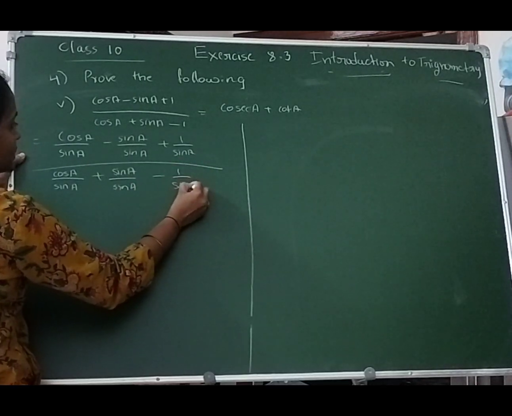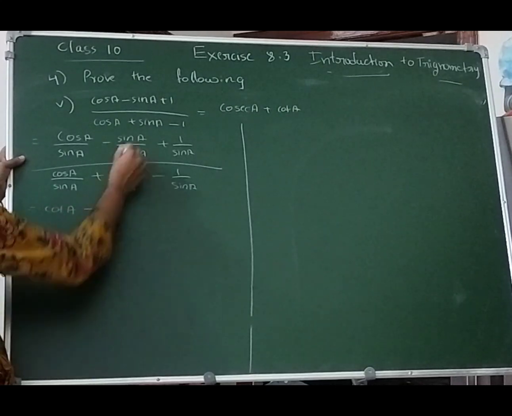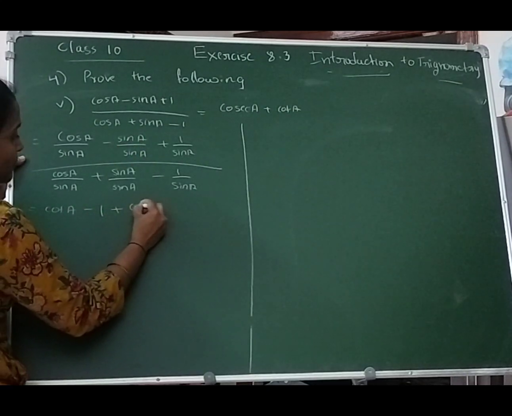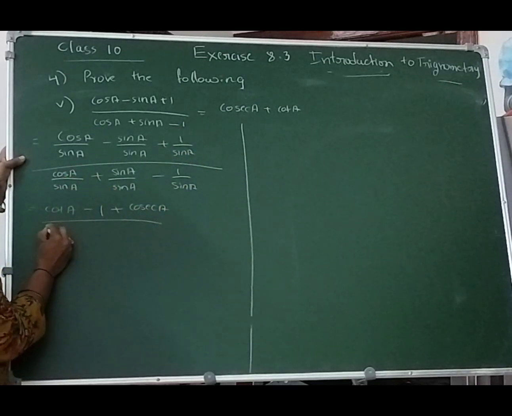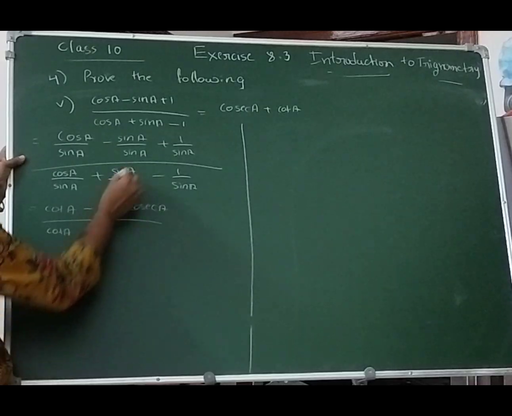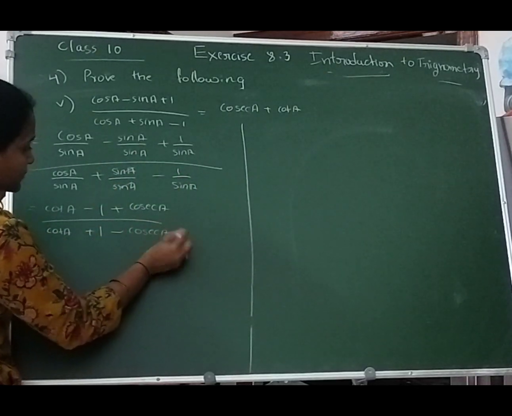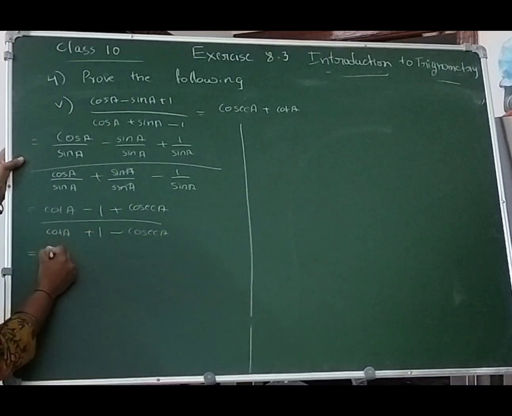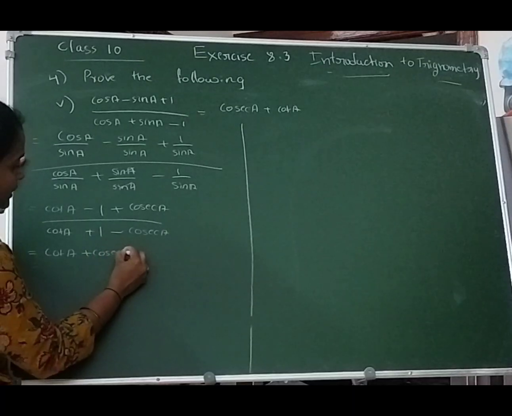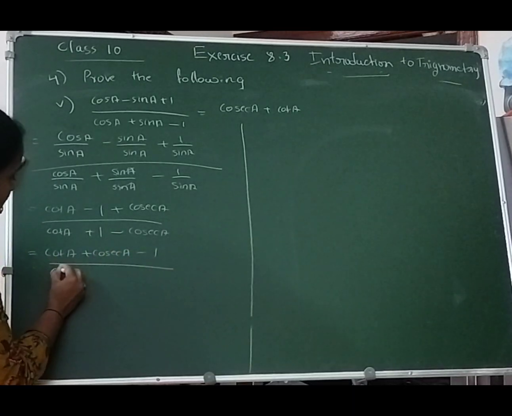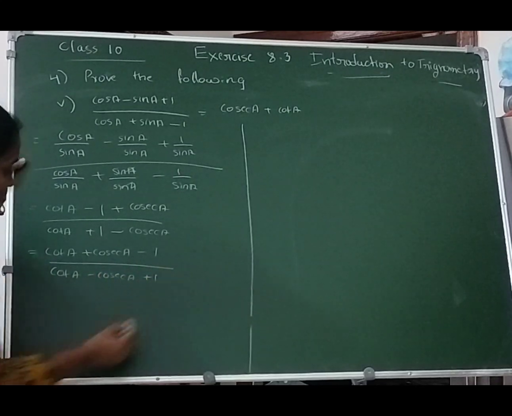We are dividing by sin A because the RHS is cosec A and cot A here, which will reduce us to (cot A − 1 + cosec A) divided by (cot A + 1 − cosec A).